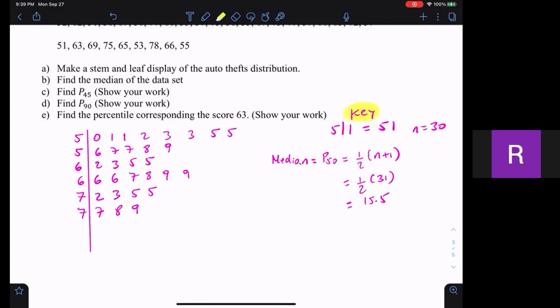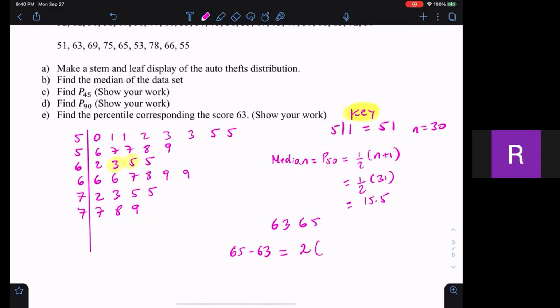So I need to find the 15.5 position. So this is 8, 9, 10, 11, 12, 13, 14, 15. It's between these two values, between 63 and 65, right? If you subtract the difference of those two, 65 minus 63 equals 2.